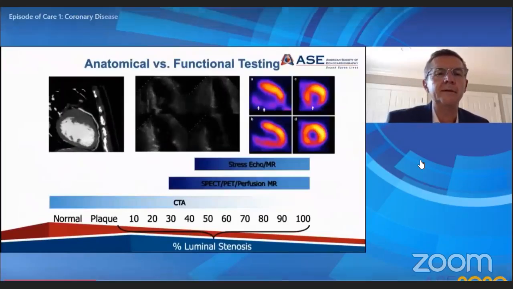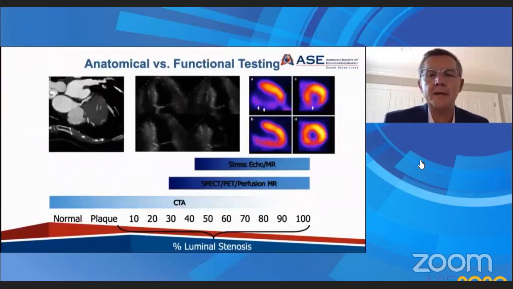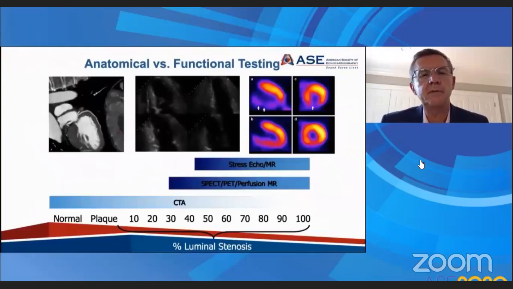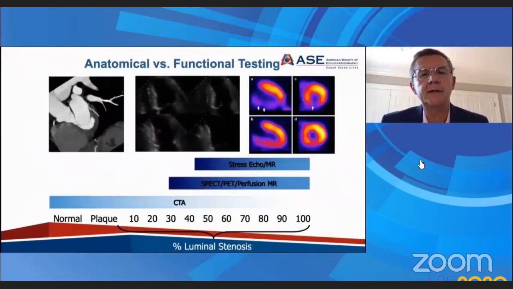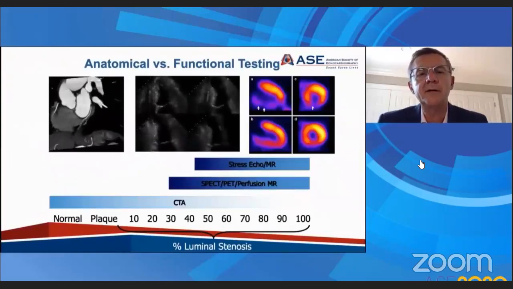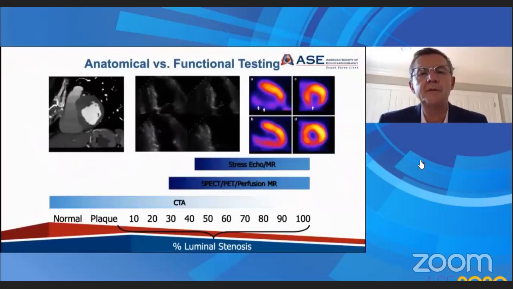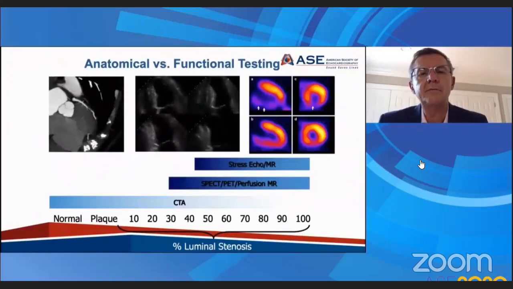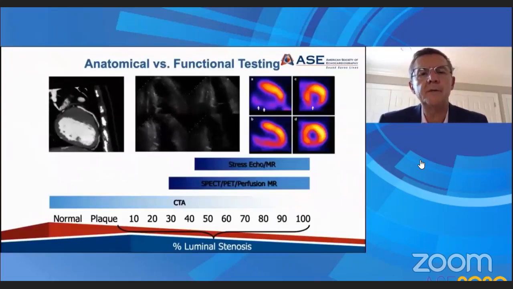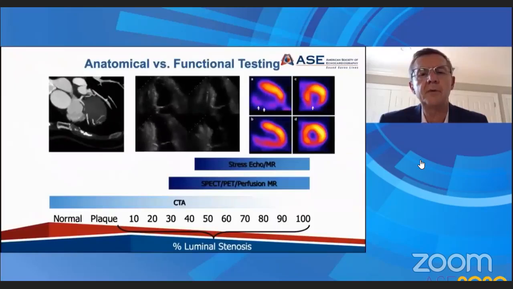Imaging modalities. CT represents an anatomic imaging modality primarily, and in that situation, it offers one particular difference characteristically with functional imaging. To be able to detect coronary disease indirectly using functional imaging, we have to stress the patient, and second, we need to have a coronary stenosis of sufficient severity, proximal location in order to provoke ischemia.